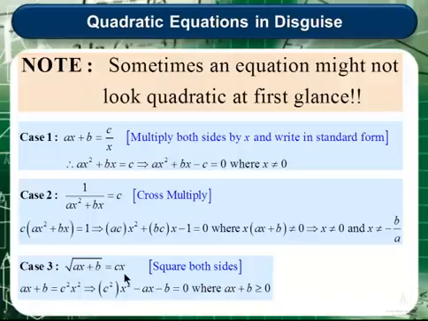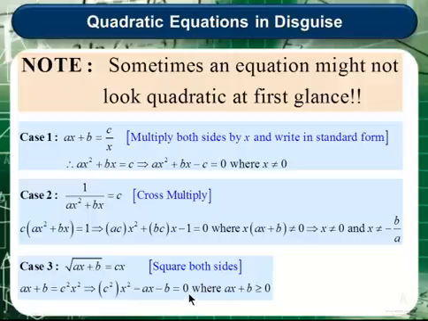On the right hand side, of course, if you square and apply your exponent rules, we have the expression c squared times x squared. Now, rearranging this equation, again, we have a quadratic term with the coefficient c squared, a linear term with coefficient minus a, and a constant term if we rearrange in standard form for the quadratic equation.